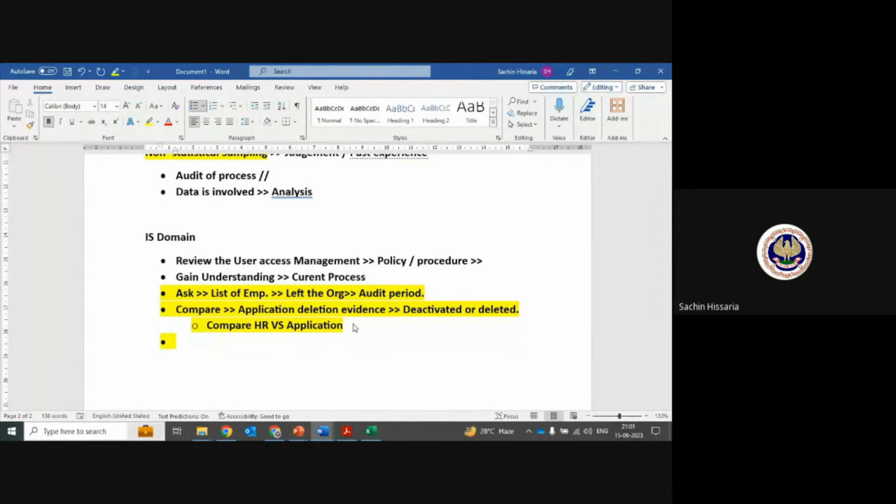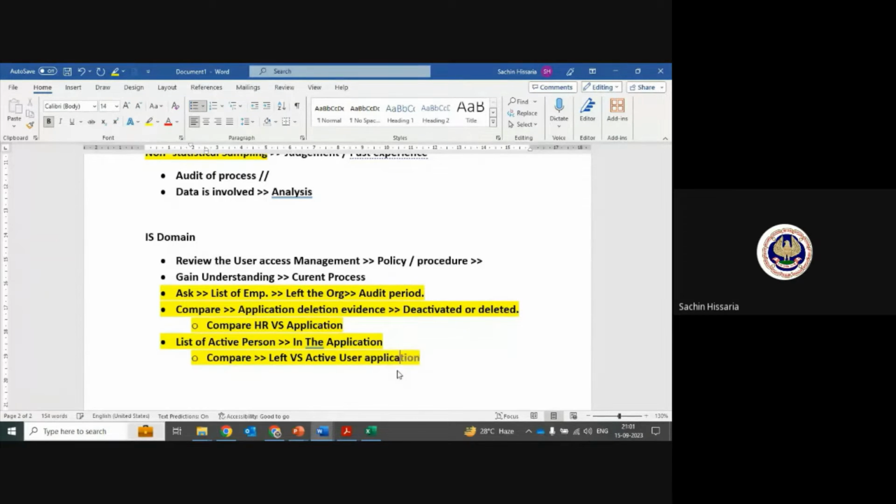What would be another way? Suppose you ask for the list of active employees, the active persons in the application. Now you can compare the list of left employees versus active users in the application.